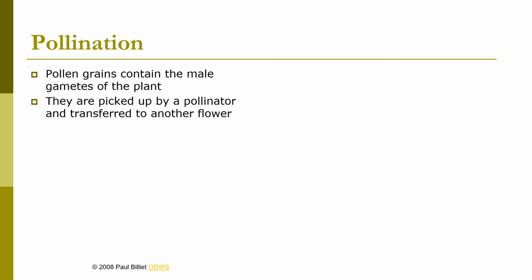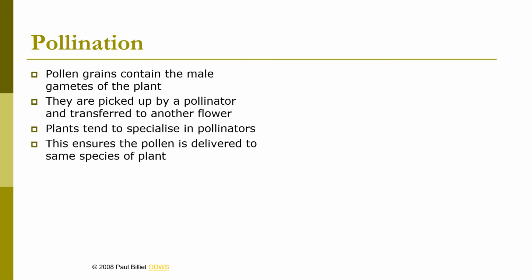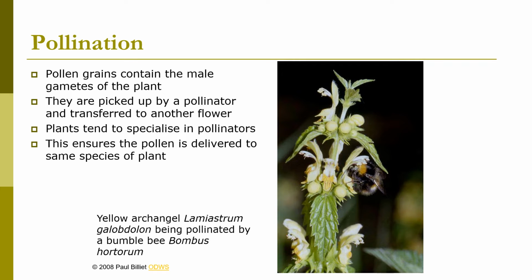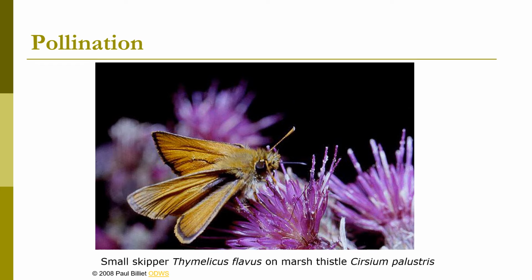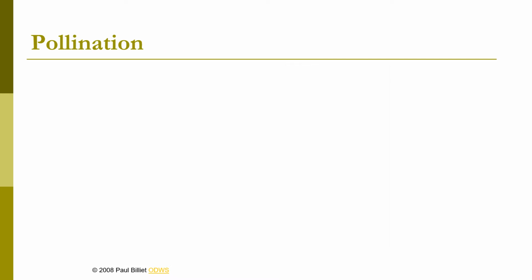They are picked up by a pollinator and transferred to another flower. Plants also tend to specialize in pollinators. This is to ensure that the pollen is delivered to the same species of plant. Those are some examples of pollination.